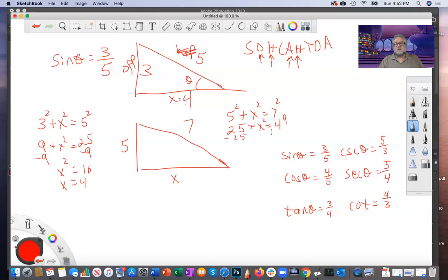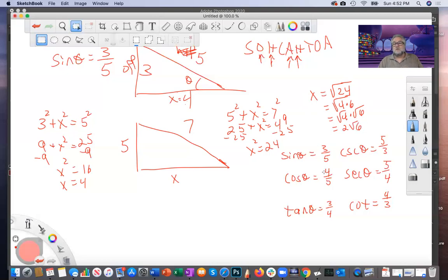Subtract 25, x squared equals 24. 24 is not a perfect square. x equals square root of 24, and we can't leave it like that because there's a perfect square in there. I could write this as 4 times 6, and 4 is a perfect square. So that's square root of 4 times square root of 6, and square root of 4 is 2. So my x here is really 2 radical 6.